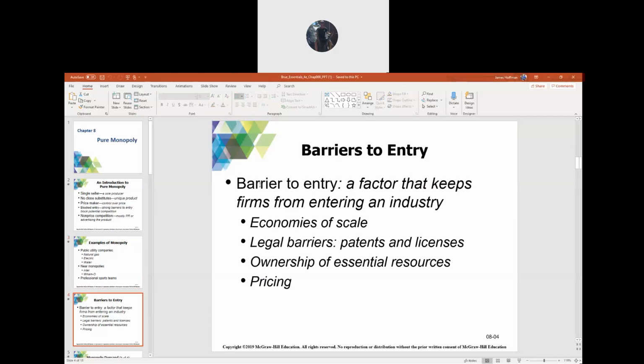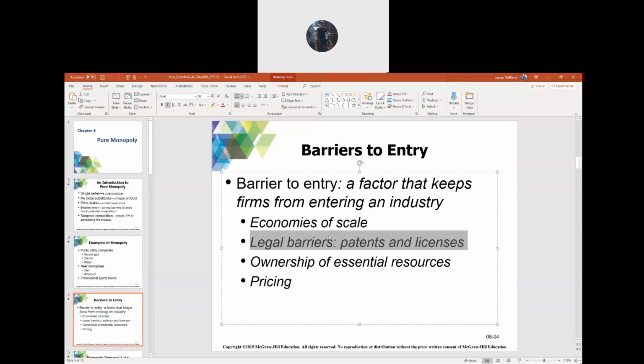Okay, so there are barriers to entry for a monopolist because there are conditions that prevent other firms from coming into this market. Could be that there's just economies of scale. This firm can do it the best, and they can do it cheaper than any other firm. There could be legal barriers.